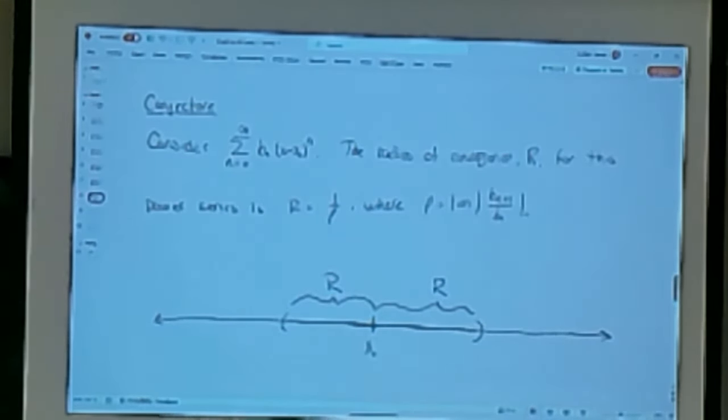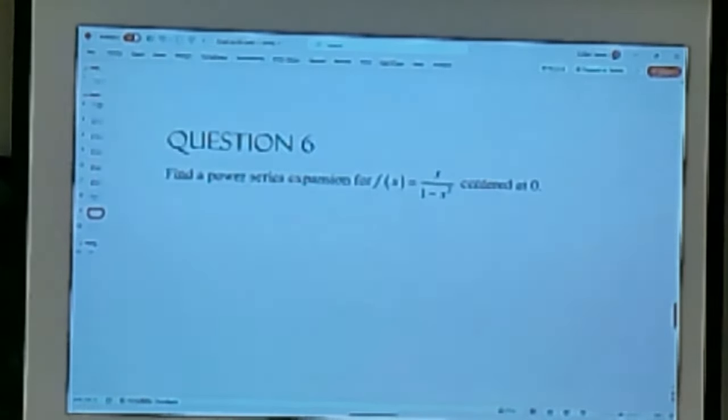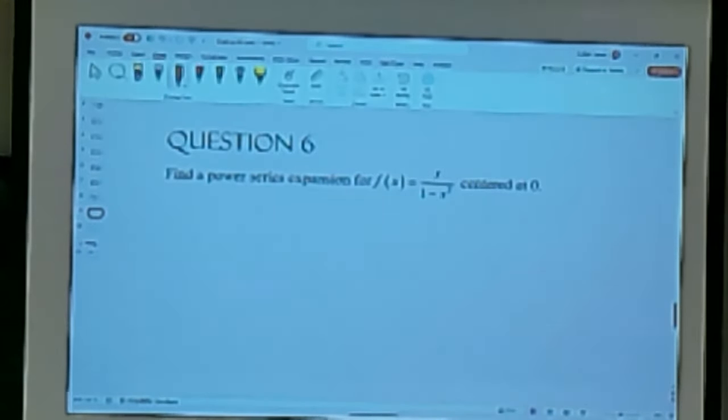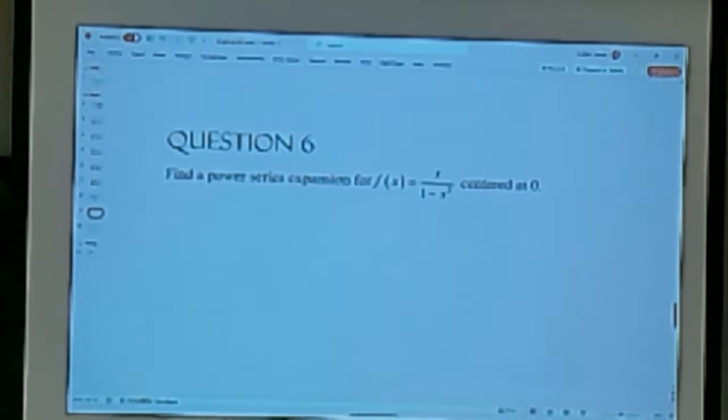So let's try finding a power series: x over 1 minus x squared. Here's the general idea, without using the technique that we're going to study on Monday.